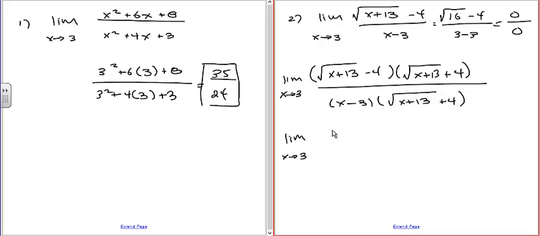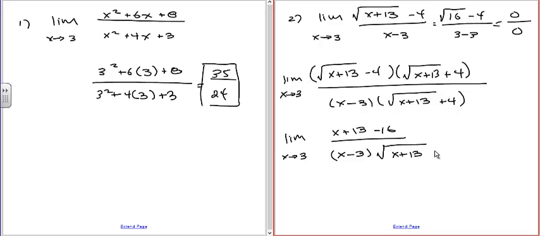When you multiply these two together, you get x plus 13, and then negative 4 times positive 4 is negative 16. And that should cancel out this term that was originally in the denominator before we multiplied anything.